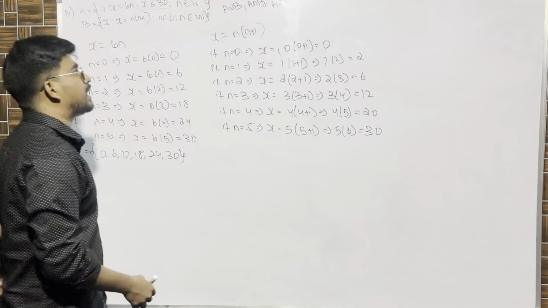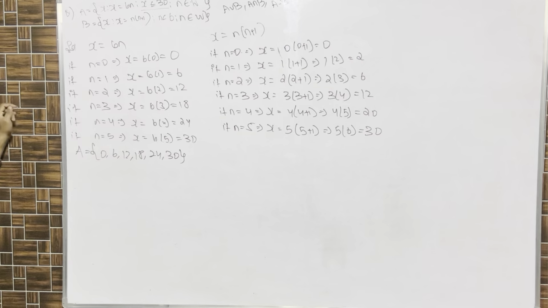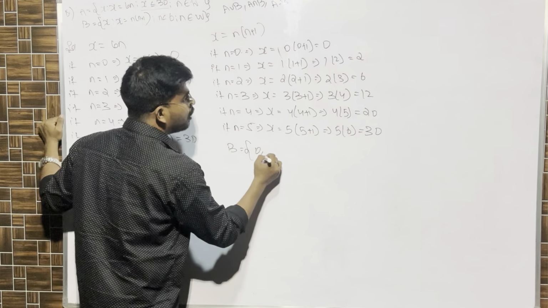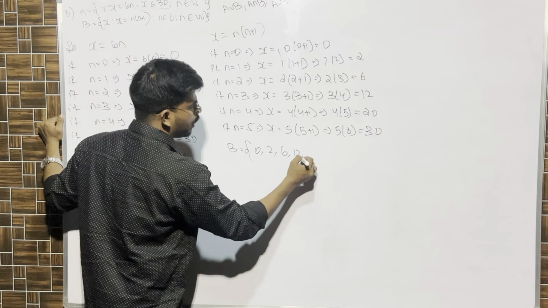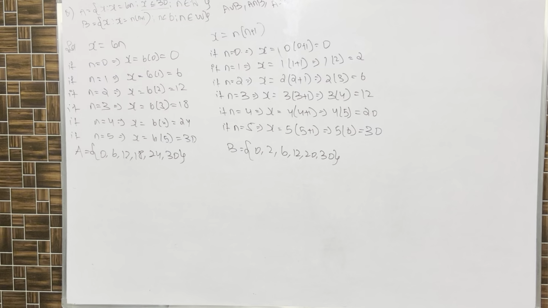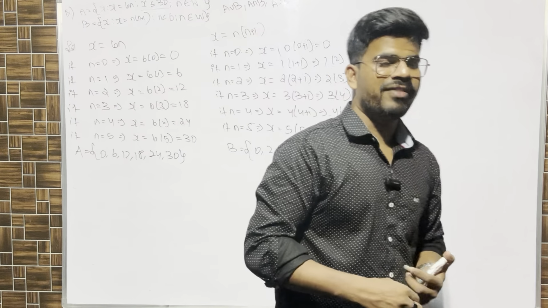Very good. 6 we need not take because n is less than 6. So set B is equal to 0, 2, 6, 12, 20, 30. These are set B. Now you can do union, intersection and minus and draw their respective Venn diagrams.